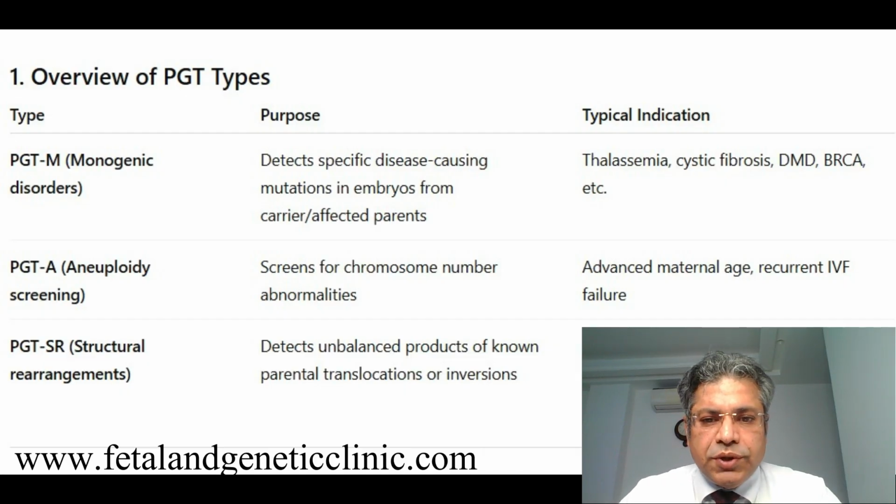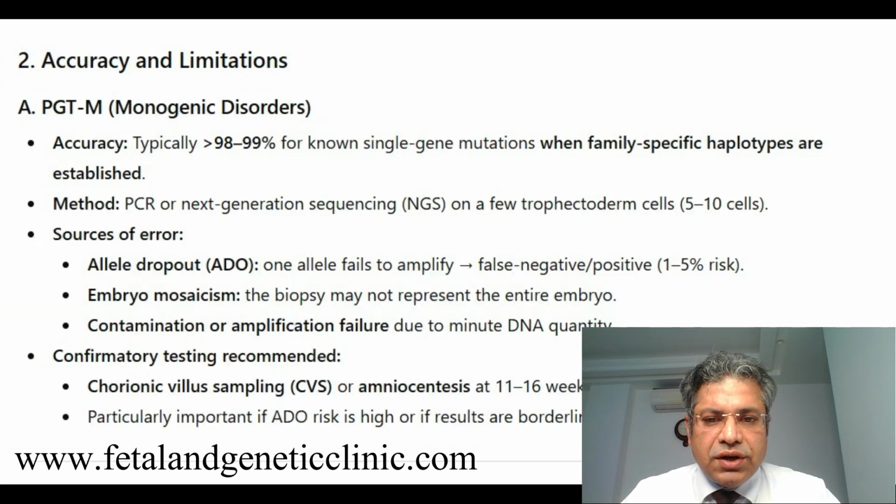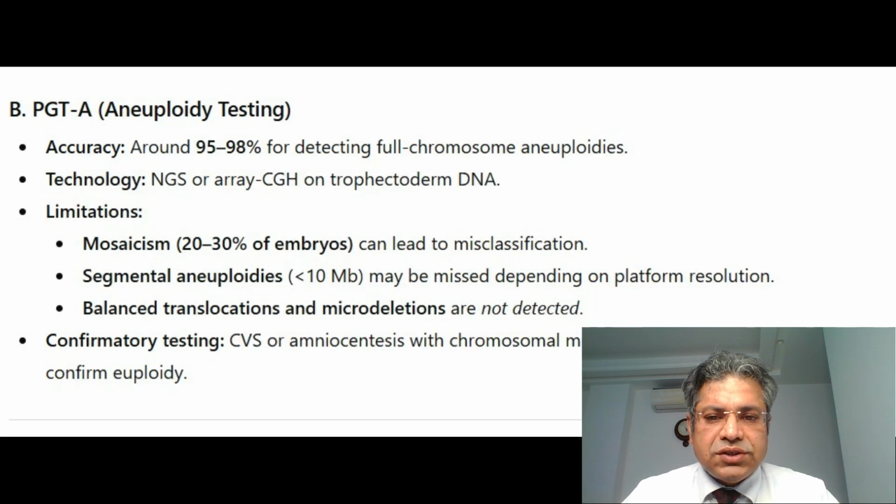So as I've told you, PGD can be divided into M, A, and SR. M is for mutations, A is for aneuploidy, and SR is for structural rearrangements, right? M is to look around for autosomal recessive conditions in which we identified the mutations in both the parents. A is for aneuploidy for 13, 18, 21, common chromosomal abnormalities that we are trying to look for.